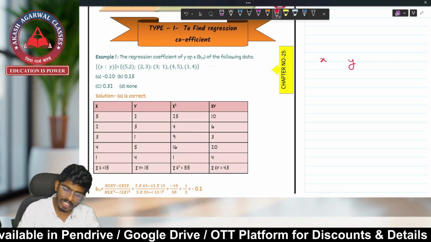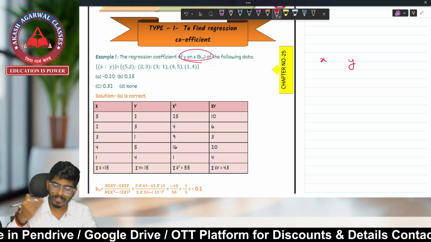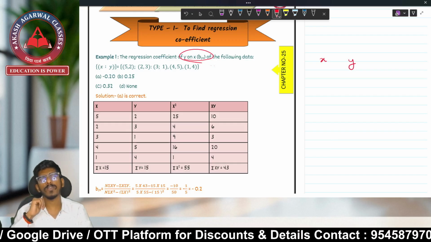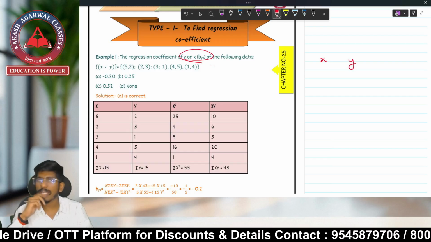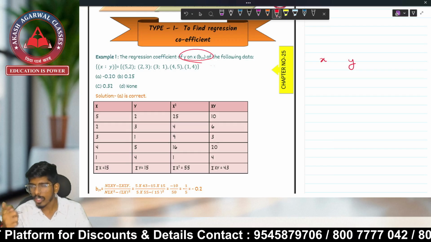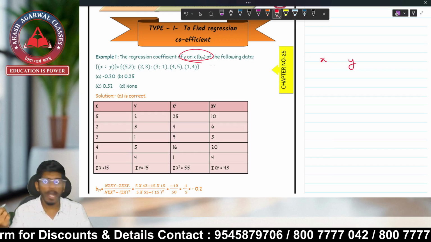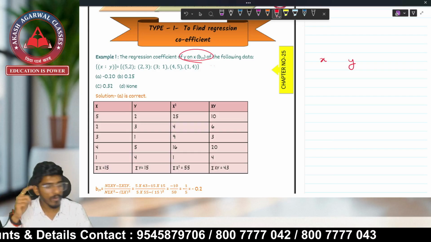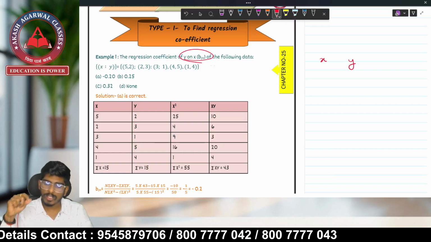We have to understand the regression coefficient. They are asking us for the regression coefficient byx. If you remember, there were two formulas for byx. That was r into standard deviation of y upon standard deviation of x, y comes first. Or there was another formula, we could find covariance and then standard deviation of x square.